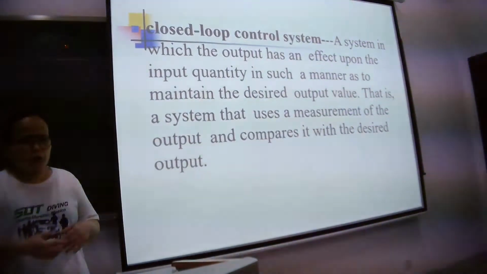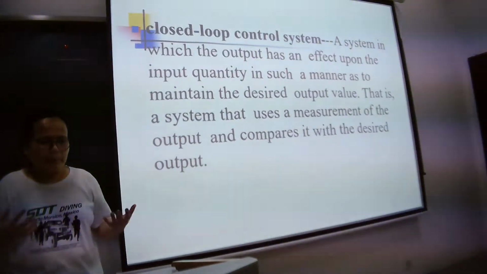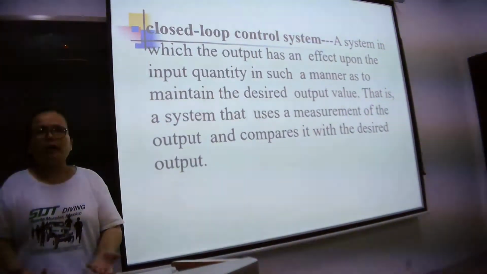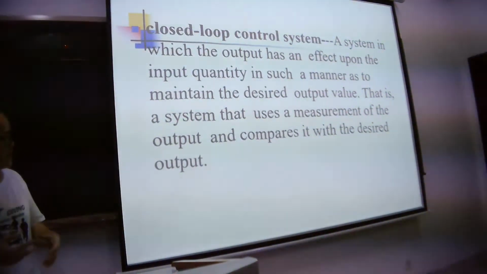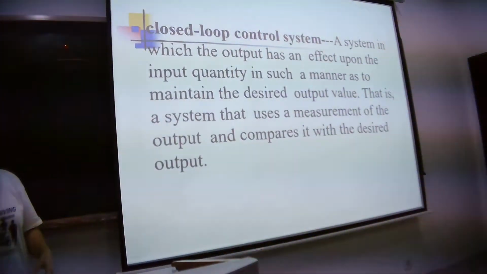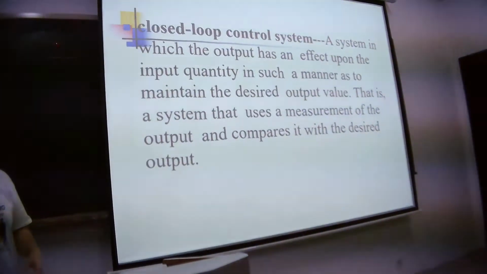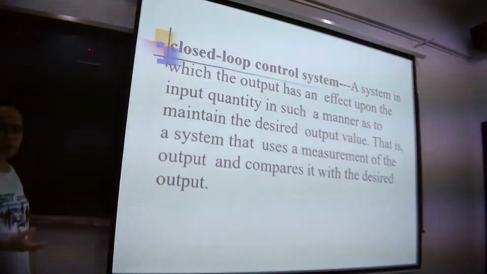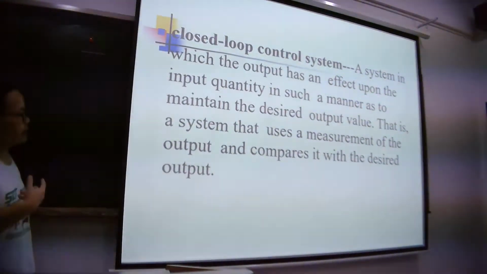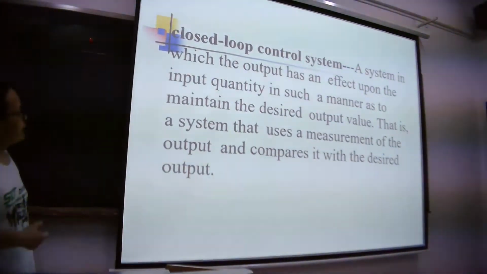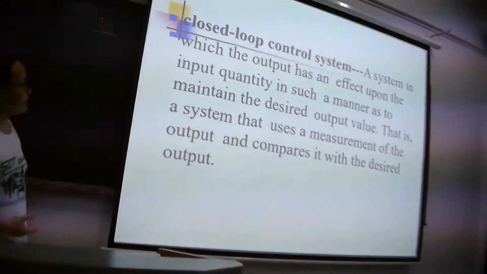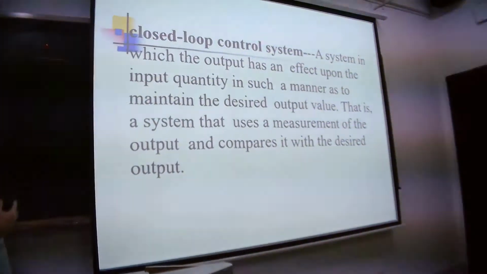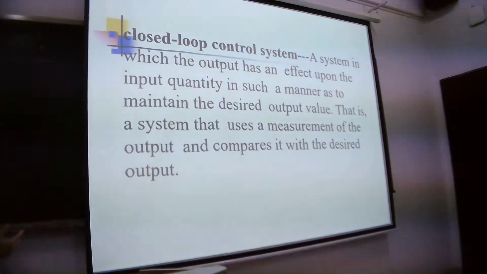Now this closed loop system is the important system we will study in these classes. This is a system in which the output has an influence on the input quantity in such a manner as to make the desired output value.